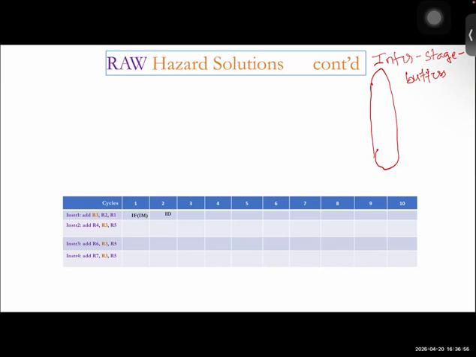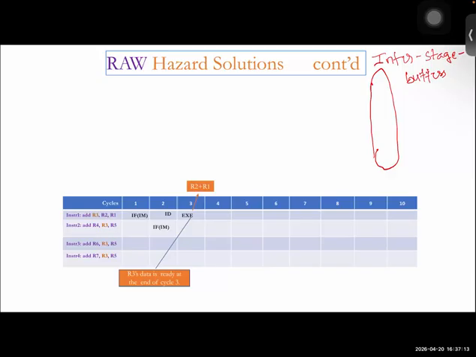At the second cycle, instruction 1 moves into the instruction decode stage. Instruction 2 enters into the instruction fetching stage. At the third cycle, instruction 1 enters into execution stage.